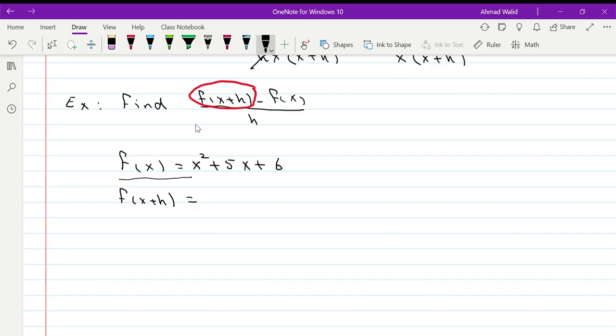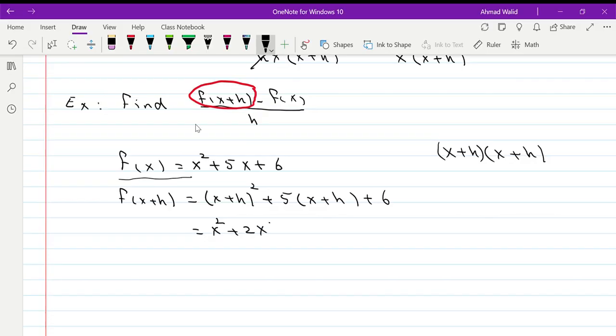Then you end up with x plus h squared, because you have x squared, plus 5 times x plus h plus 6. Try to simplify. It gives you this part, x plus h squared. If you don't know immediately the answer, do this. Multiply x plus h with x plus h and you end up with this answer. x squared plus 2xh plus h squared.